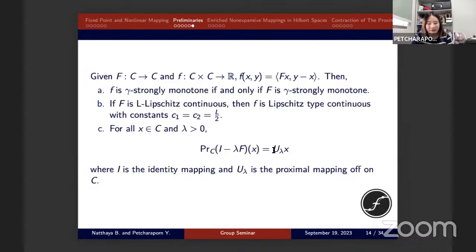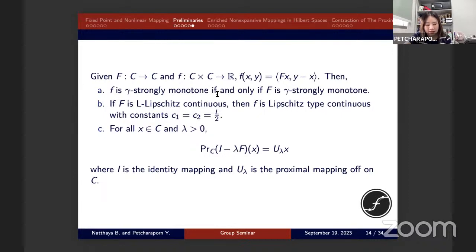And given F is a mapping and the bifunction f defined by f(x, y) equal to the inner product of F(x) and y minus x, then the bifunction f is gamma strongly monotone if and only if the mapping F is gamma strongly monotone.